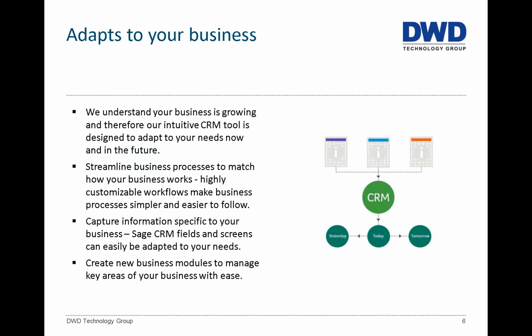One of the things that each iteration becomes more adaptive, and we just tend to point this out, is that Sage CRM out of the box comes with a certain set of features and certain things that it does and does well, but it isn't limited to that.